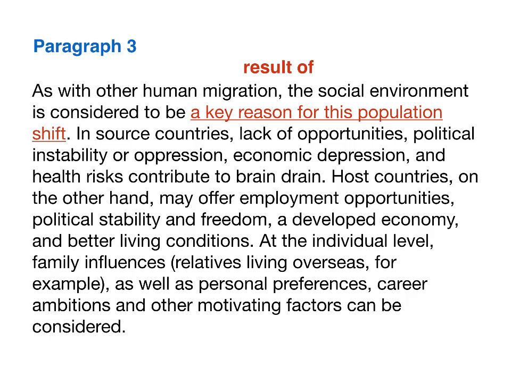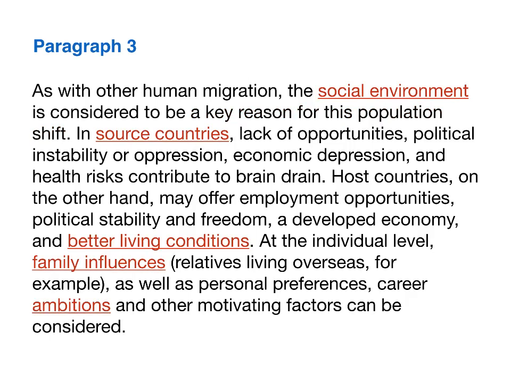If I highlight the keywords that I can see here, social environment, source countries, better living conditions, family influences, and ambitions, those words look like words in all four of our choices, so we need to analyse carefully to see which one is correct.